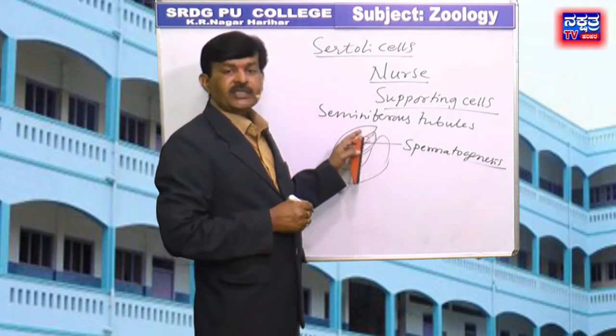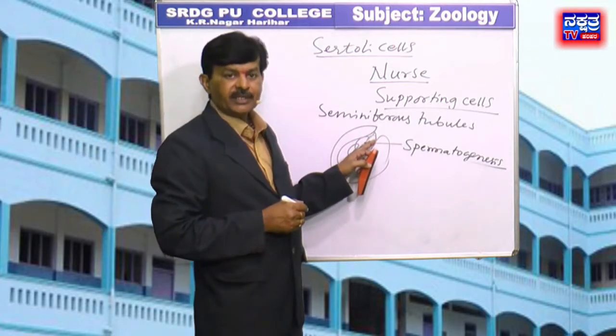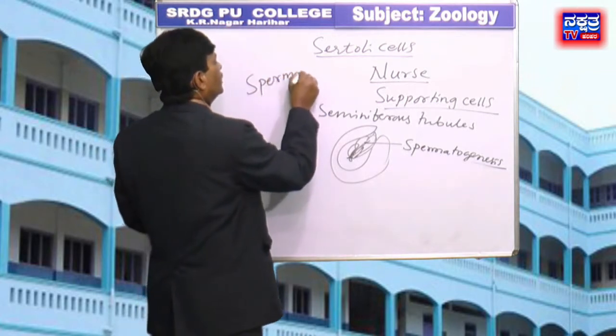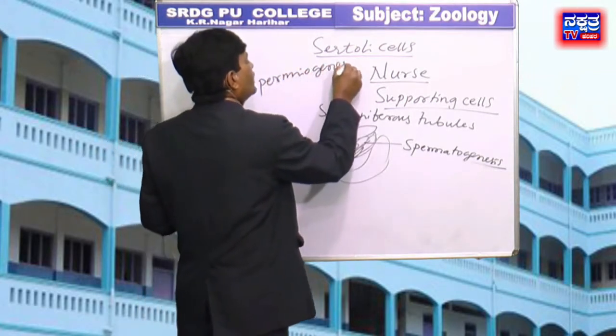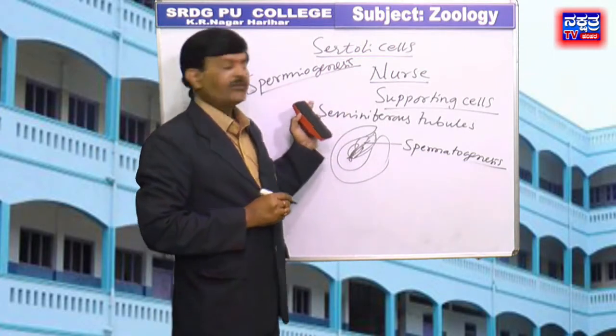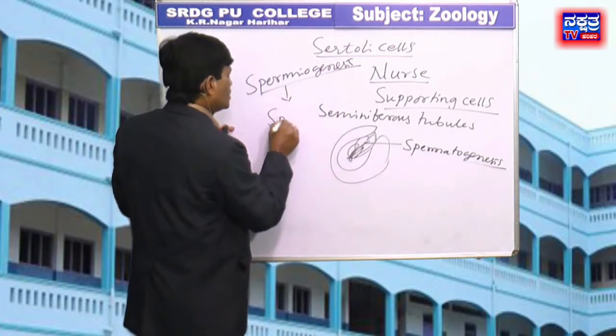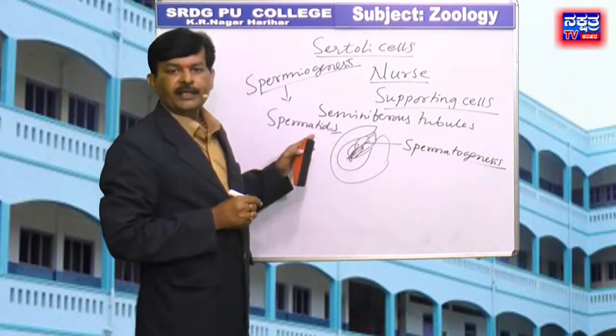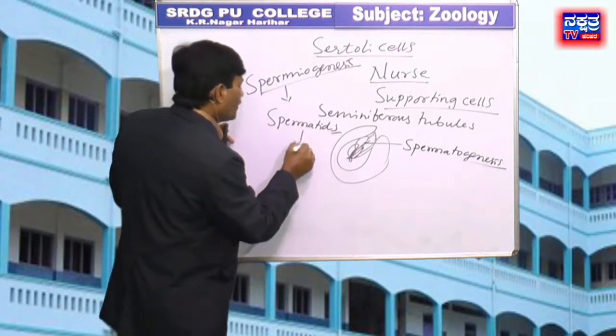At the end of spermatogenesis, means after spermiogenesis. Spermiogenesis is nothing but transformation of the spermatids into spermatozoa.